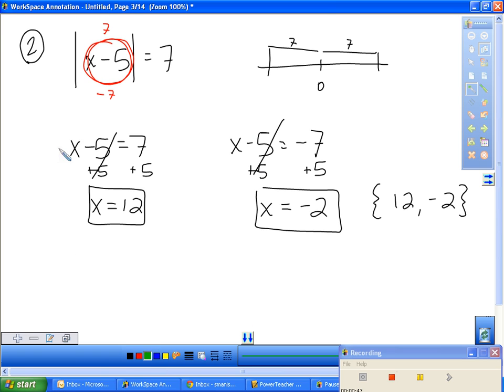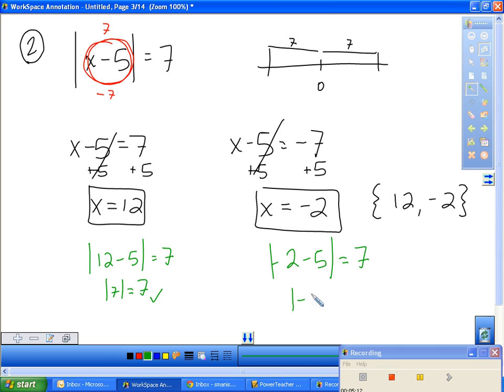Well, let's plug it in and check our work. If x is 12, then I have the absolute value of 12 minus 5, and we're hoping that equals 7. And the absolute value of 7, yes, does equal 7. That works. Over here, we have negative 2 minus 5 should equal positive 7.